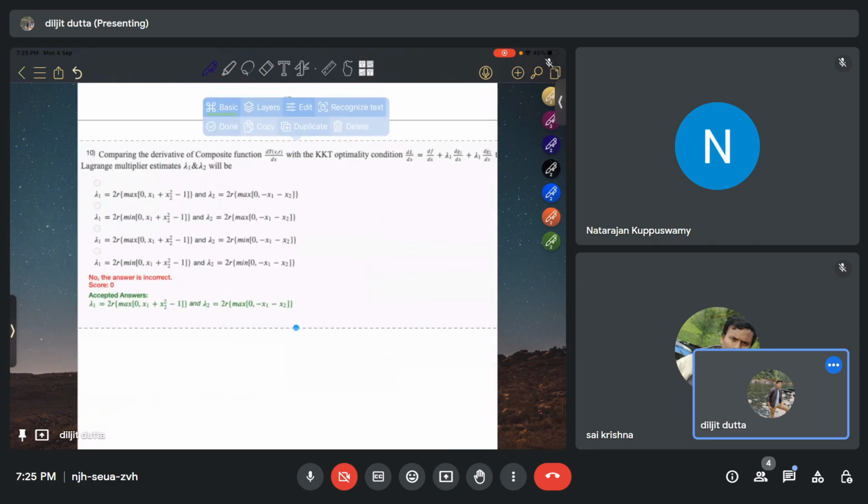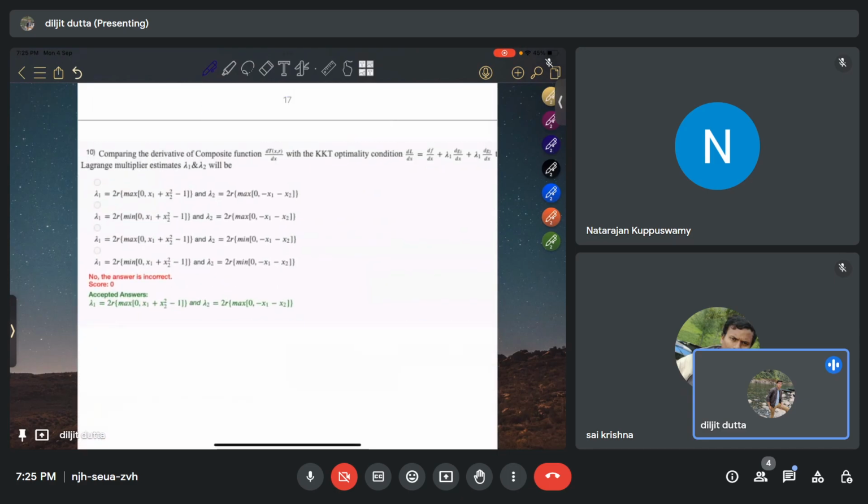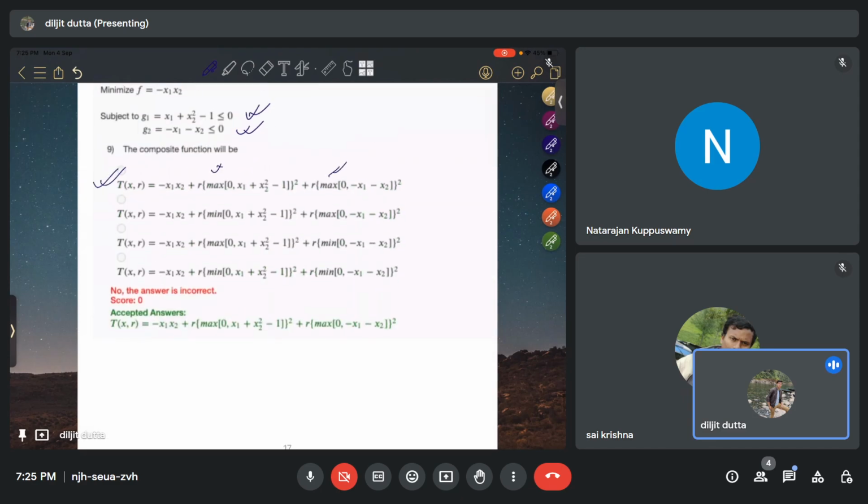Now the subsequent part. Comparing the derivative of the composite function dT by dx with the Kuhn-Tucker optimality condition dL by dx, the Lagrange multiplier estimates lambda 1 and lambda 2 will be. So let's get dT by dx, what we get.